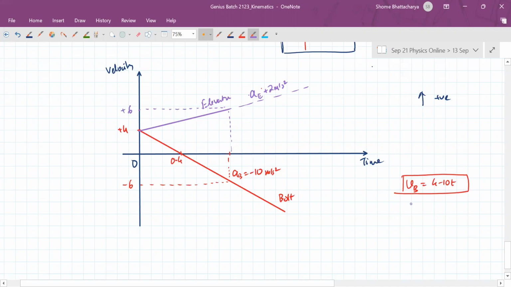So you can see that this relative motion is always increasing with time at any instant. So the velocity of the bolt with respect to the elevator, we write with proper sign convention, is always minus 12t j cap.